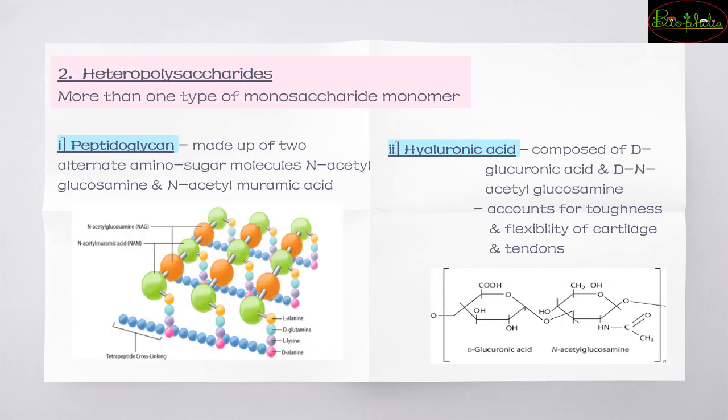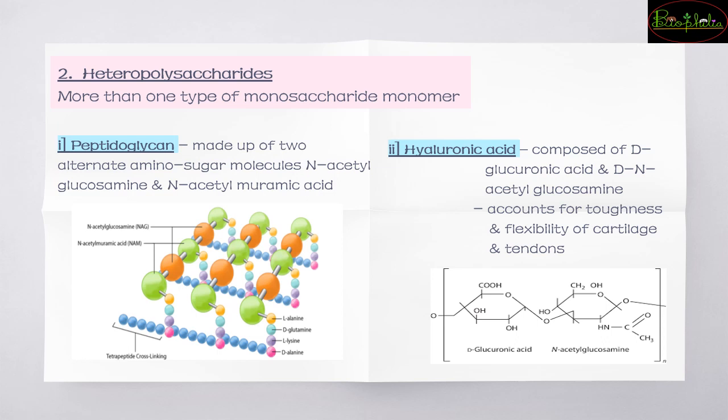Next we have to see heteropolysaccharides, यानी एक से different types of monomers are going to come and form a chain. यहाँ पे दो examples याद करने हैं, that is peptidoglycan and hyaluronic acid.